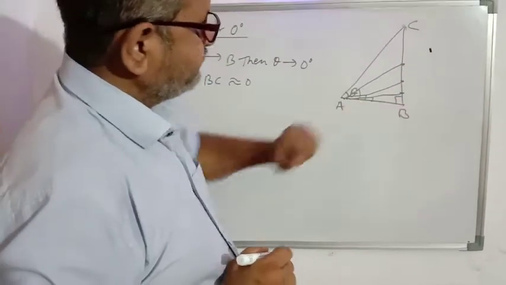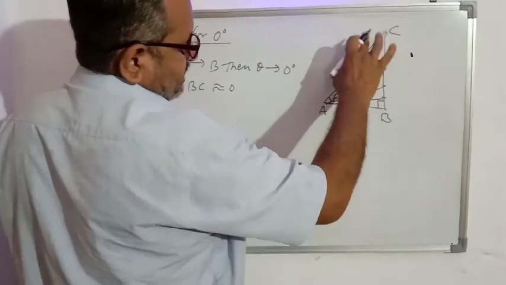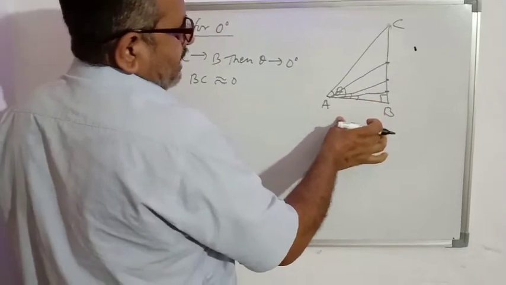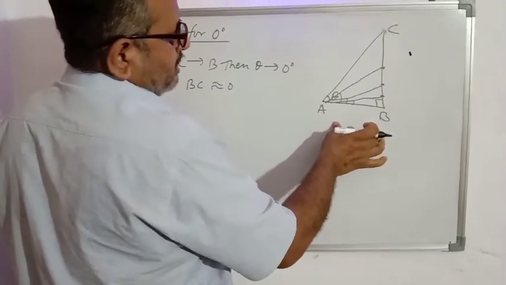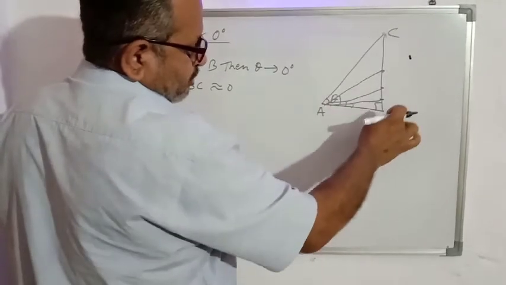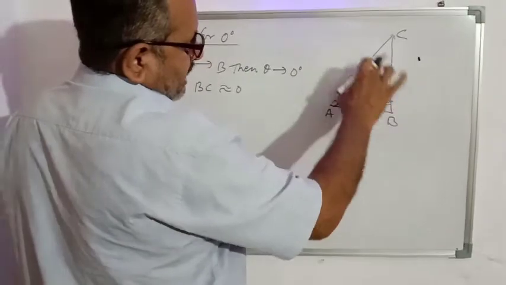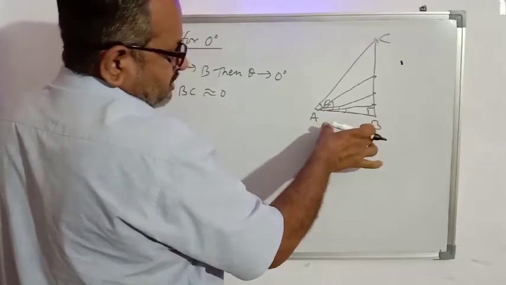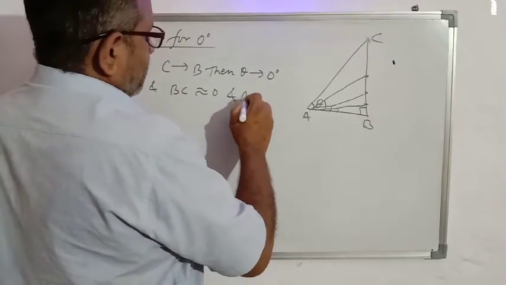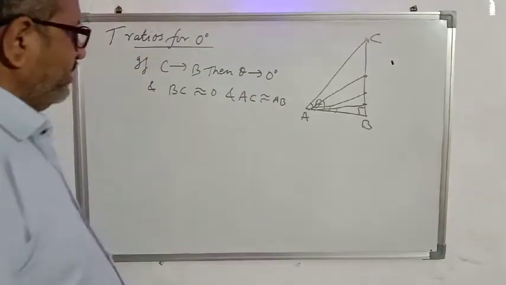BC will be 0. And AC and AB both will be equal. C coincides with B, C and B are the same point, so BC will be equal to 0 and AC will be equal to AB.